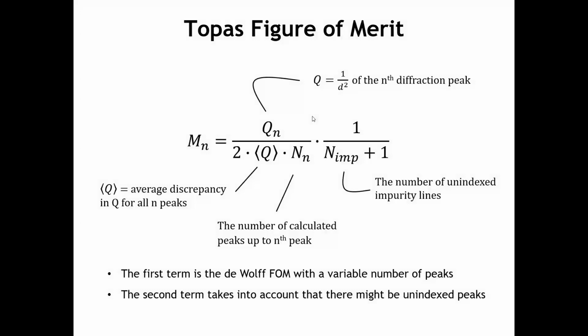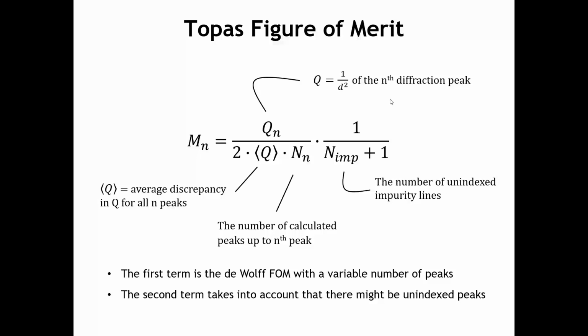Topas uses basically the de Wolf figure of merit, but with another term that takes into account the fact that there may be some unindexed peaks in our diffraction pattern. So let's say you put in the positions of 20 peaks and you get an answer, and that answer explains the positions of 18 peaks, but there's 2 peaks that are not accounted for.